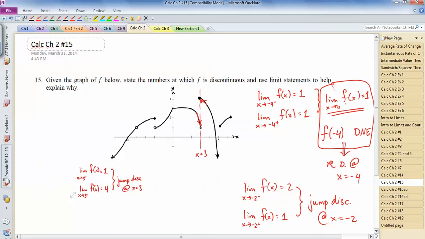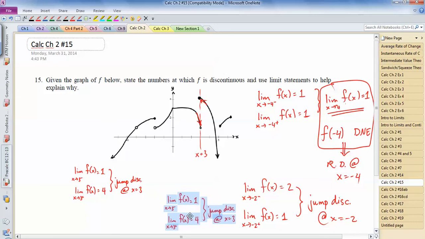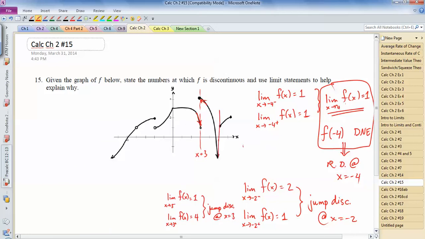So let me shrink that down a little. I'll put that over here. And we got another spot right here at 5. So if we say what happens around x equals 5, the limit as x goes to 5 from the left side shoots way down to -infinity.